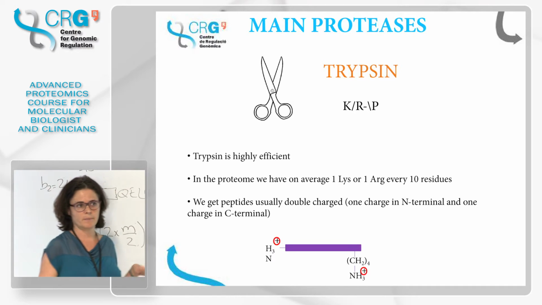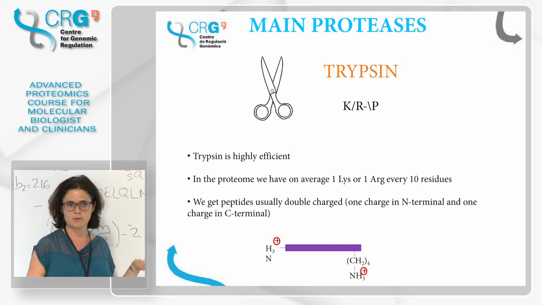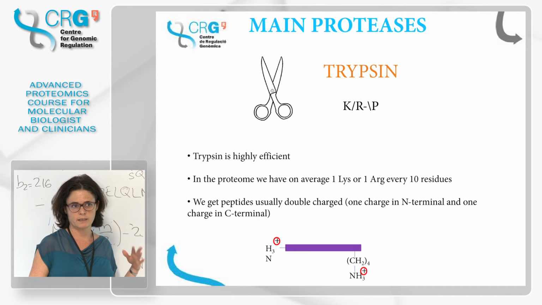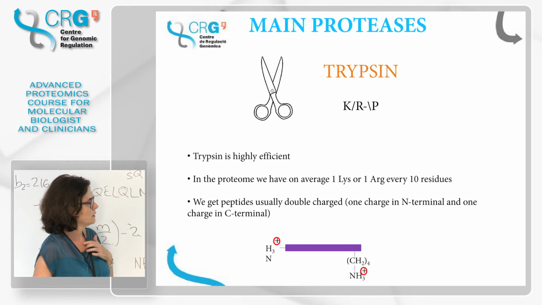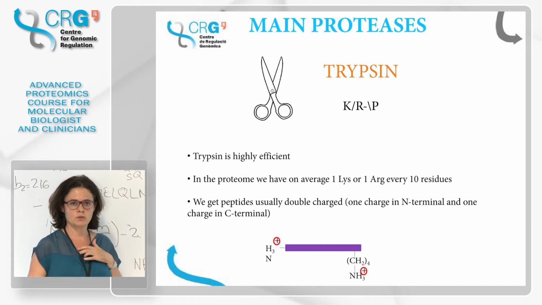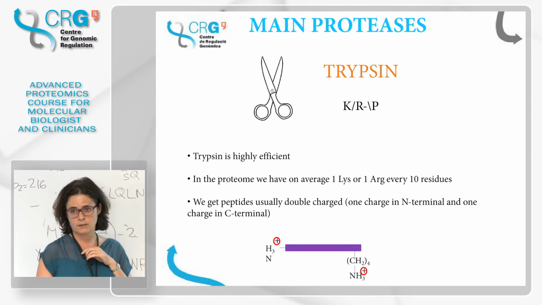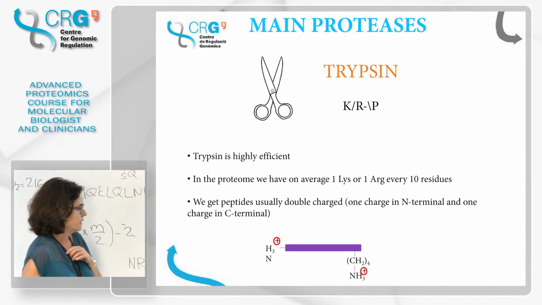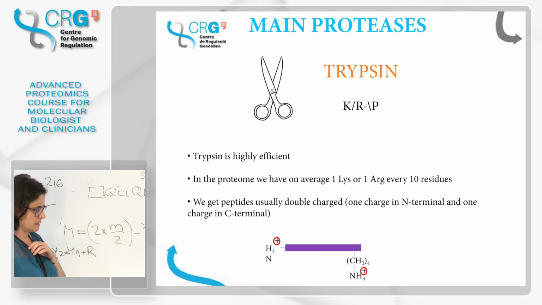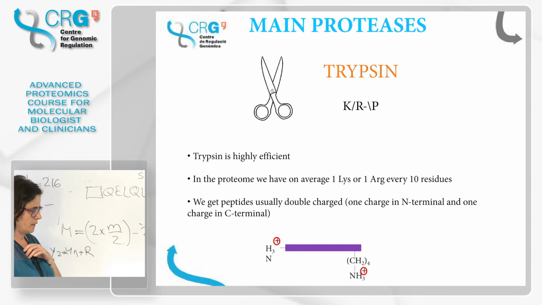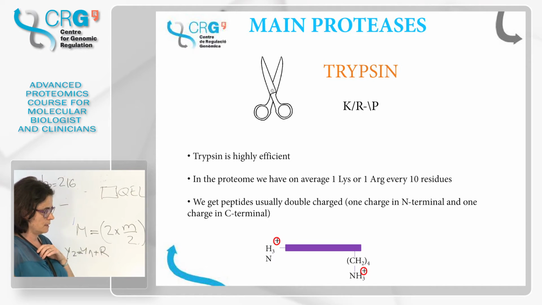So the tryptic peptides are of a reasonable size, normally from 10 to 20 residues. Also, trypsin is very efficient. It works really well. There are other enzymes that don't work that well. And the advantage that I was saying before is that you have peptides with two charges, one at each extreme of the peptide.